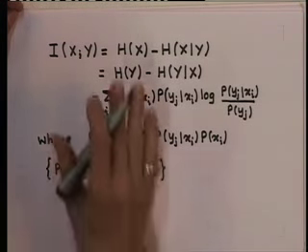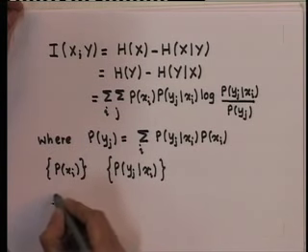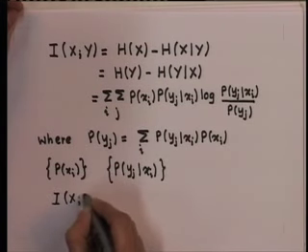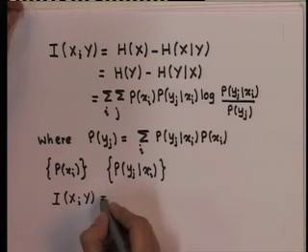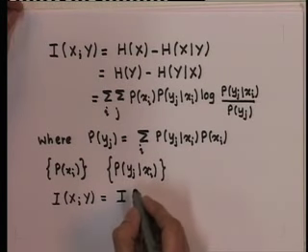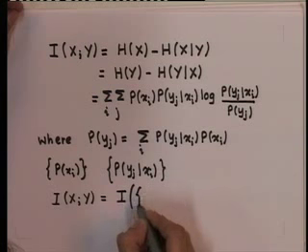So, we can write the average mutual information as a function of conditional probabilities.